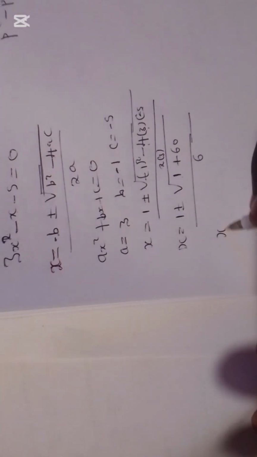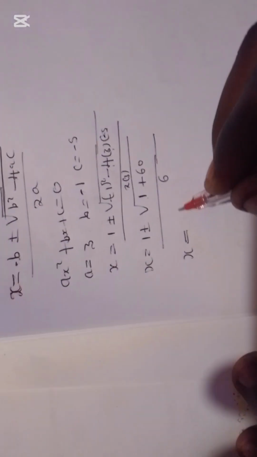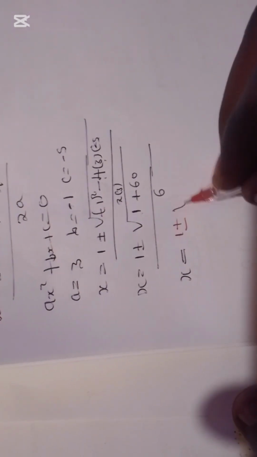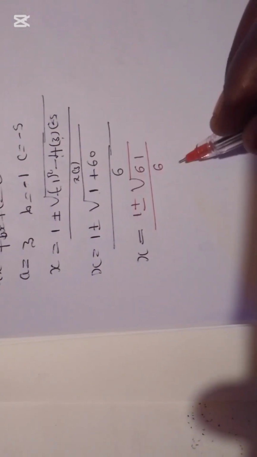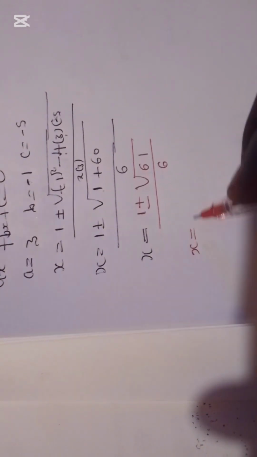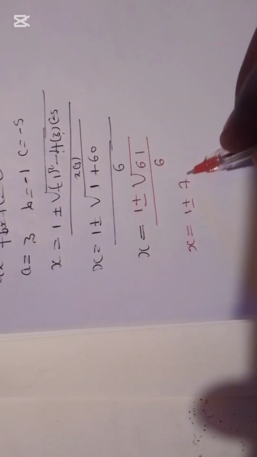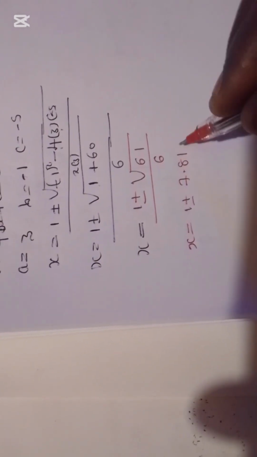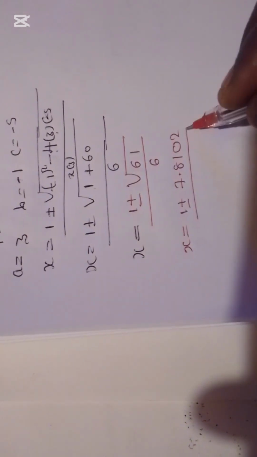From that point, x equals 1, positive or negative, we add and get 61, so the square root of 61. If we want the square root of 61, just punch it on your calculator. It gives me 7.8102 rounded off to 4 decimal places, over 6.